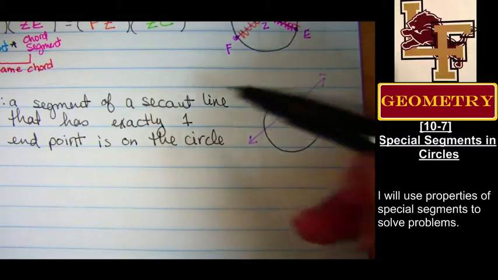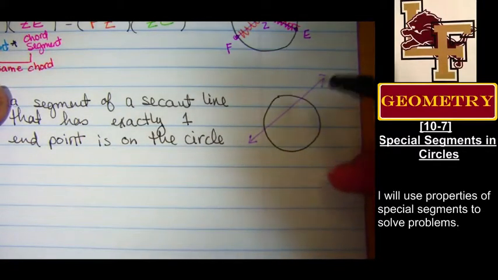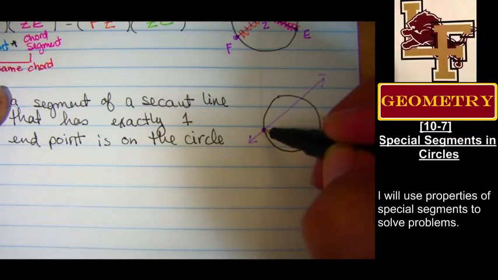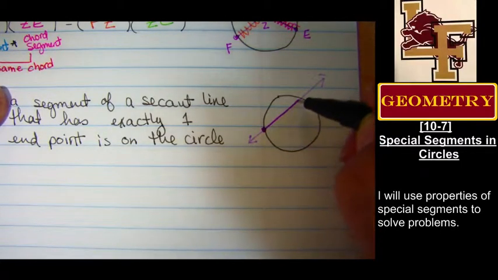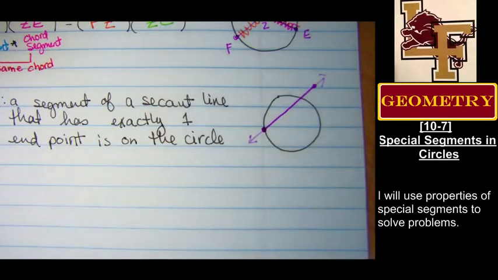Now, the segment of this secant line means there's a piece of a line, so it's going to have two endpoints. One is on the circle, and the other one is not on the circle, meaning that it's somewhere outside of it. You can't have the secant segment stop somewhere in the middle of the circle because it hasn't crossed the circle in two places, and it needs to be considered a secant.